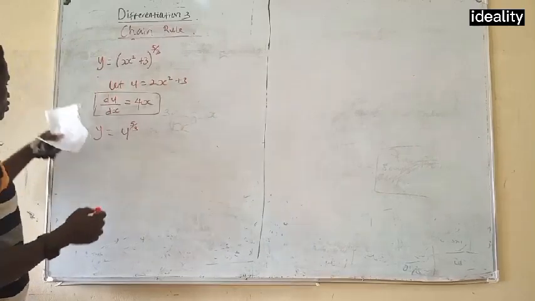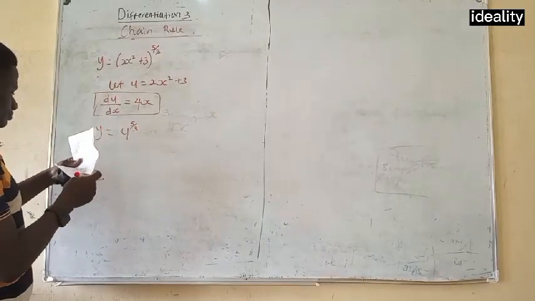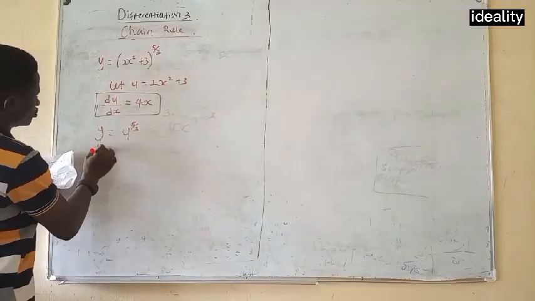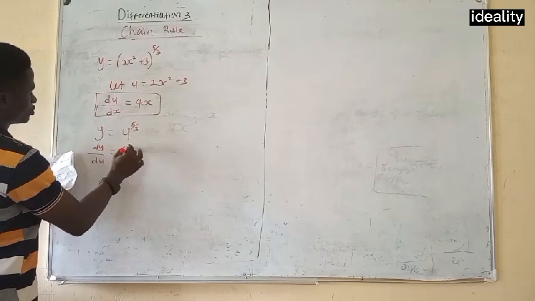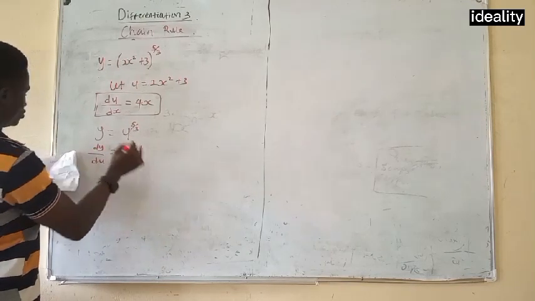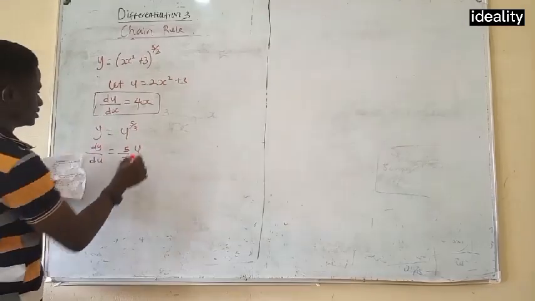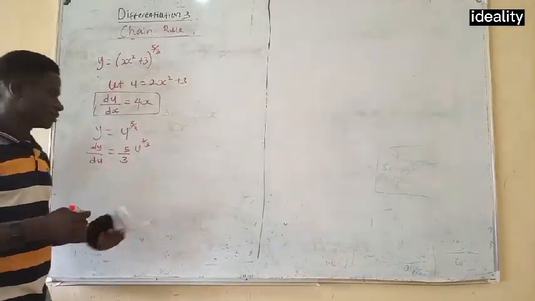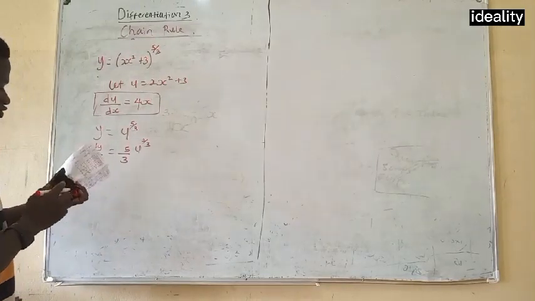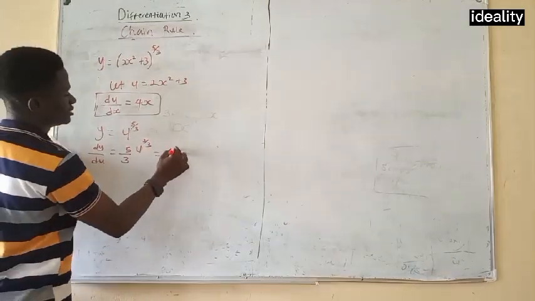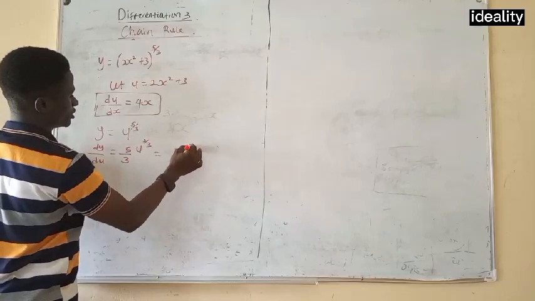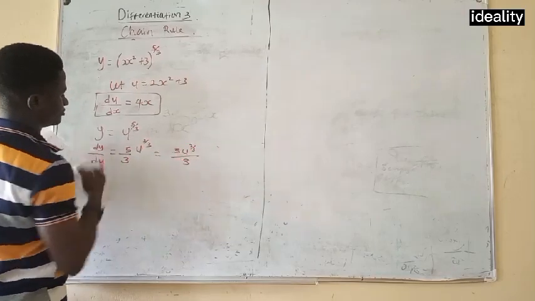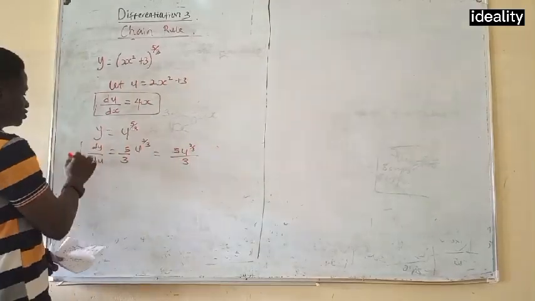So you find dy du. My dy du equals 5 over 3 u raised to the power 2 over 3. I can write that as 5u raised to the power 2 over 3, over 3. So this is my dy du.